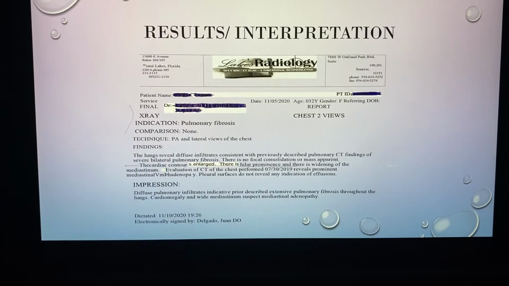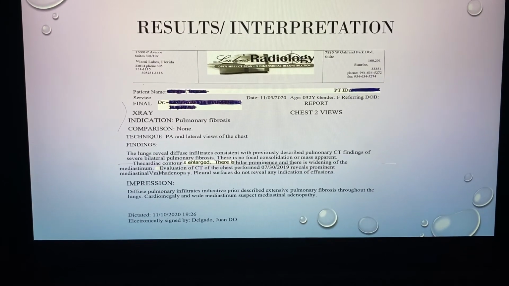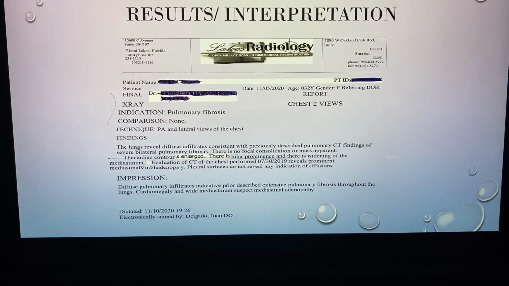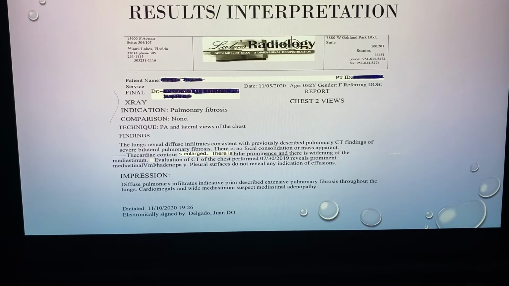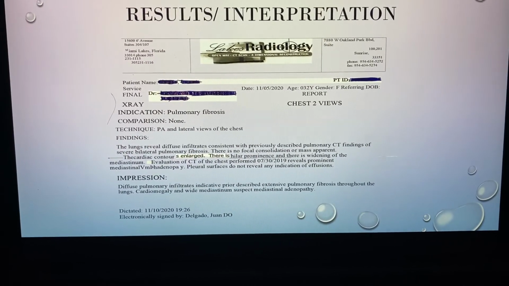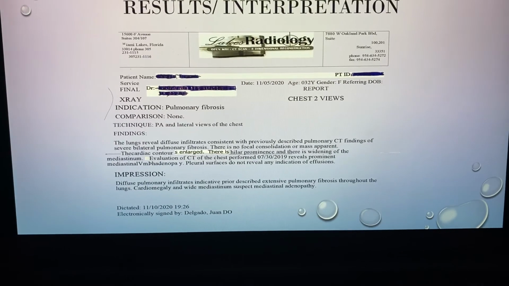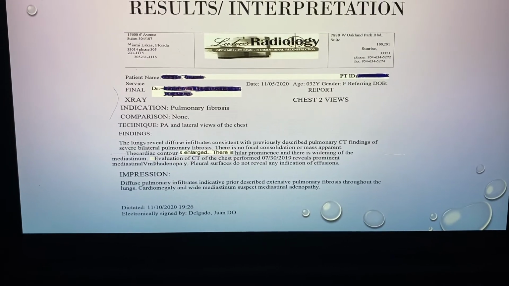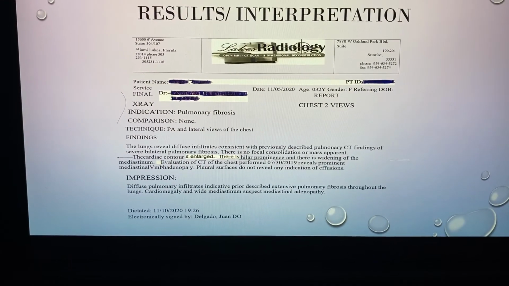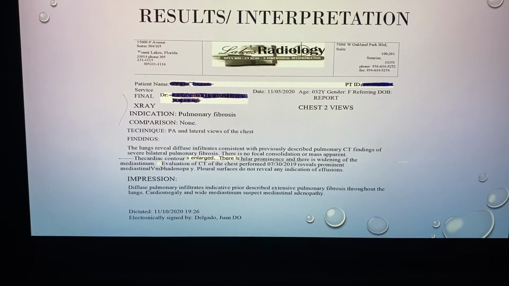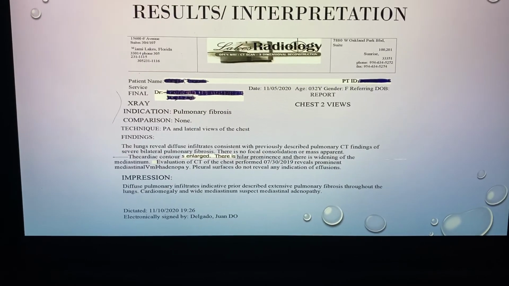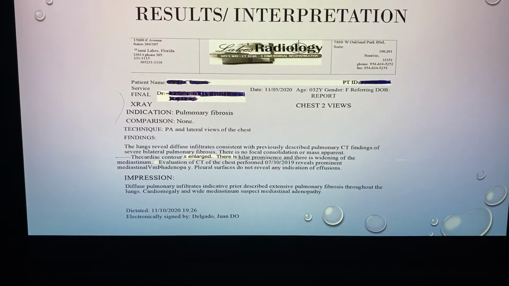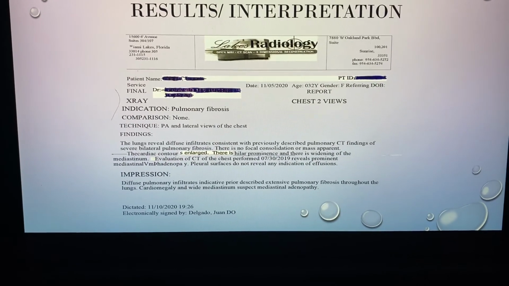These are the results here by the radiologist. So the indication was pulmonary fibrosis. And it says here it's a PA and lateral view of the chest. It's speaking about the lungs revealing diffuse infiltrates consistent with previously described pulmonary CT findings. So I guess she had a CT prior to the day that she came in for her x-ray.